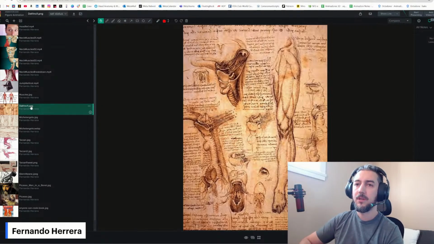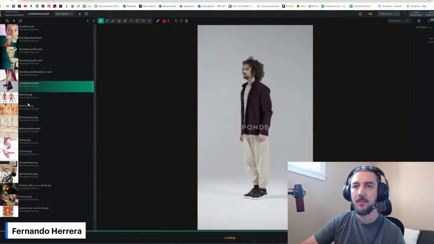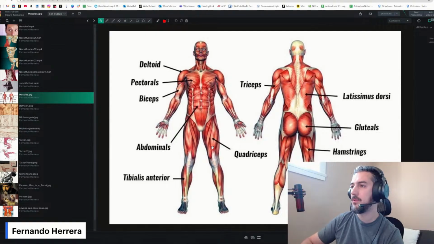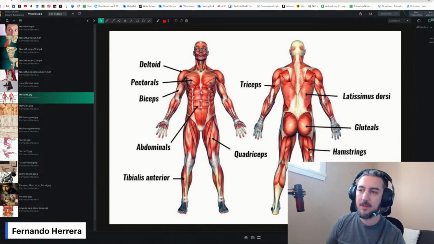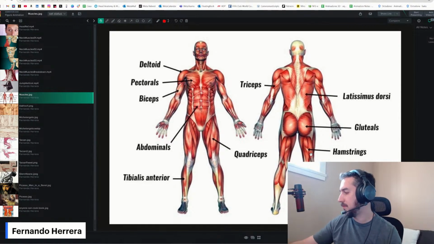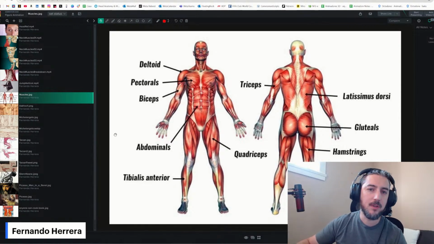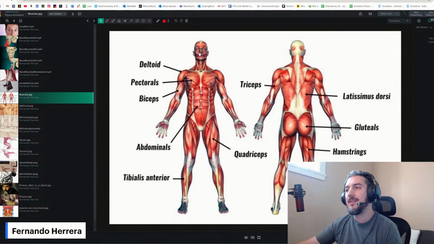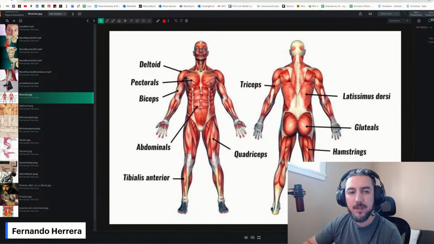Okay, so another concept, let me bring this up. The muscles of the body. That's a very simplified graphic of the muscles that I grabbed from the internet. But the idea here is that every time you're trying to break down a reference, we are going to try to understand where the movement is coming from.